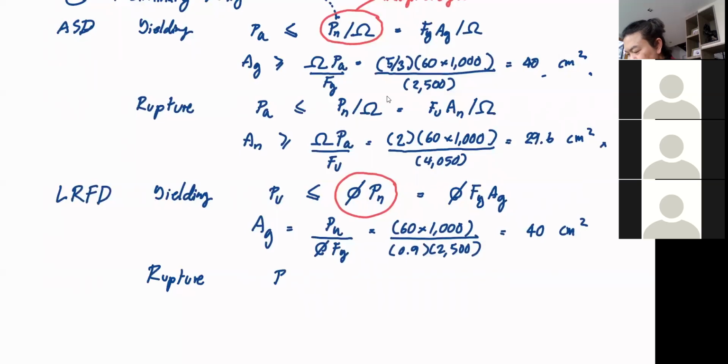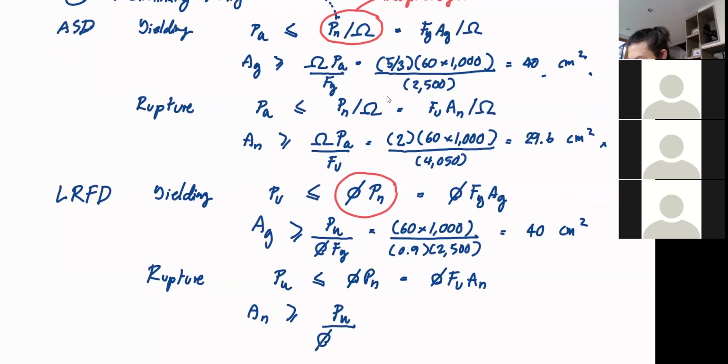So similarly, Pu cannot be more than phi Pn. This time it is phi Fu Anet. So Anet must be greater than or equal to Pu divided by phi Fu.